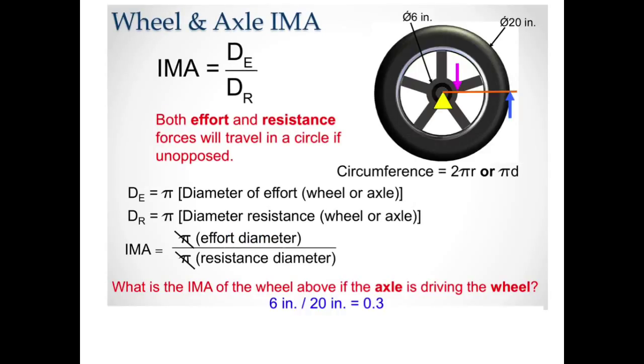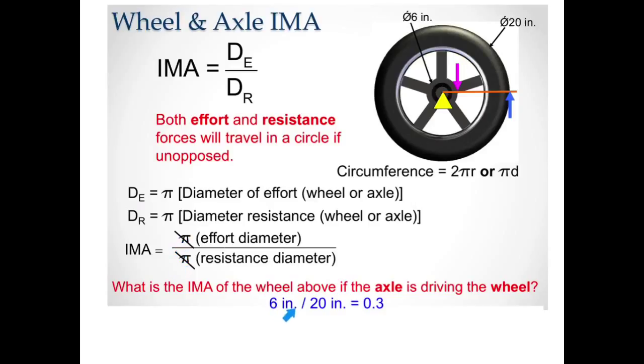So let's go ahead and look at this example here. It says, what is the IMA of the wheel above if the axle is driving the wheel? So that means if my axle is driving, that is where I'm putting my effort. So my distance effort is going to be, if I look up here, it tells me it is the diameter, that's what this symbol right here means, is 6 inches. It's a diameter, like we learned before, you cancel out your pi's.